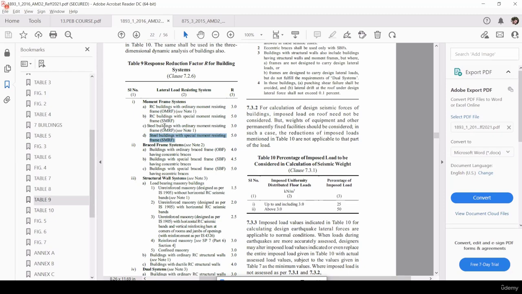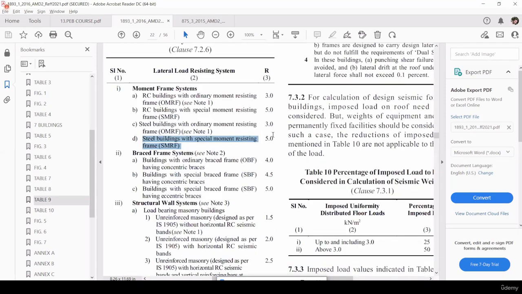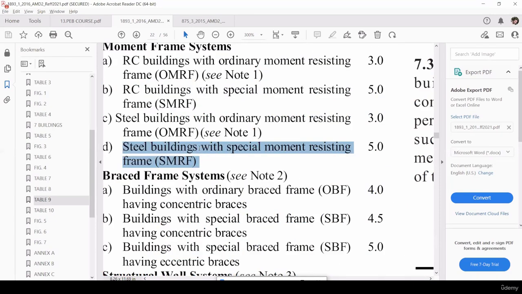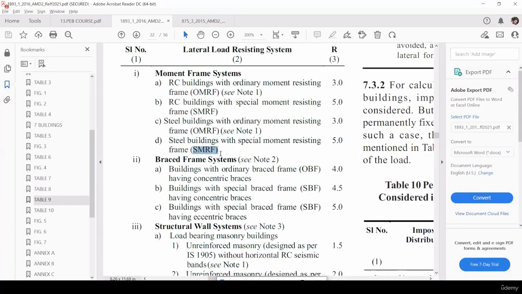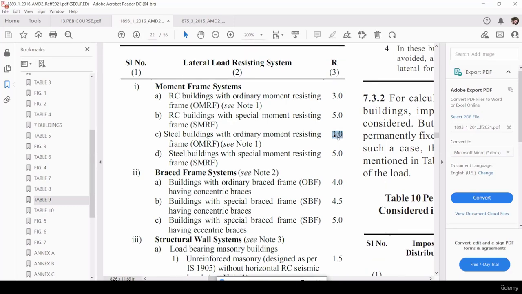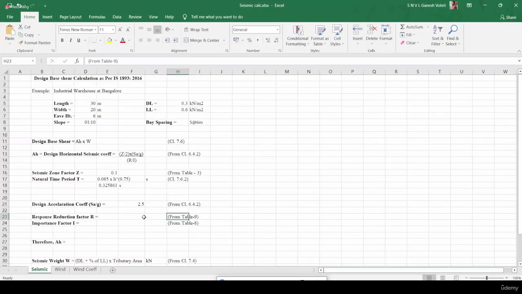Generally, we take steel buildings with ordinary moment resisting frame. If there is any particular stiffness, we can take steel buildings with special moment resisting frames, but in the general case we follow ordinary moment resisting frames. That is 3 here, R value 3. So I'm going to note down 3 here.